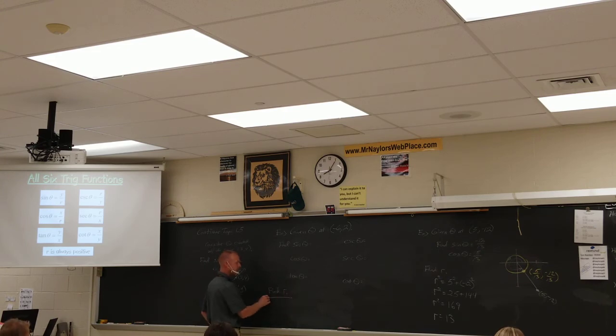I can see, and it's a good sign, that you guys are finding R. Yes, you should be finding R as your preliminary step, and it's always the Pythagorean theorem.